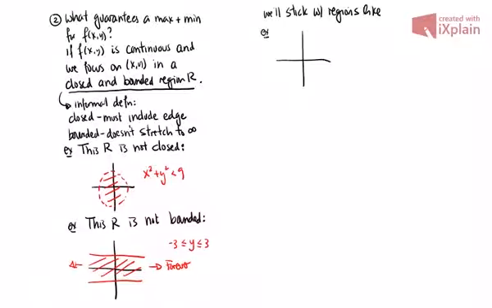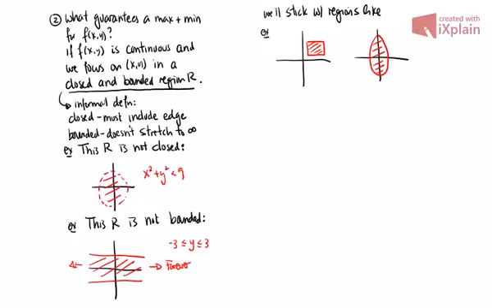I'll draw 2. We'll just require a finite region that has to contain its edge. For example, something like this would be good. Something like an oval would be good. Things that don't have any of the weird behavior that came up in the first 2 examples.